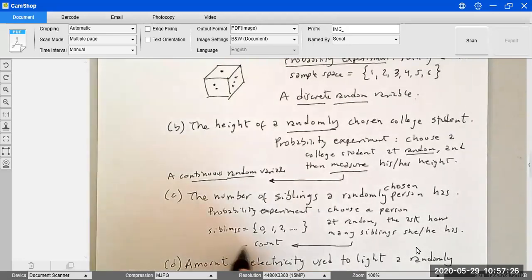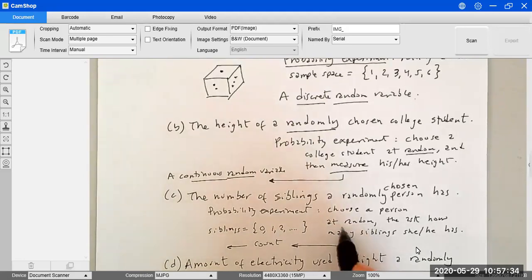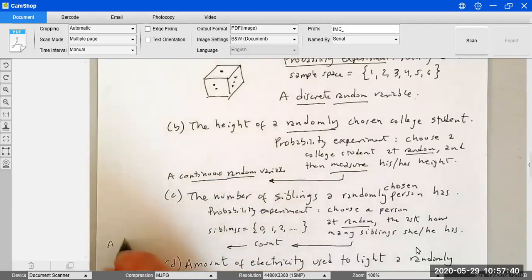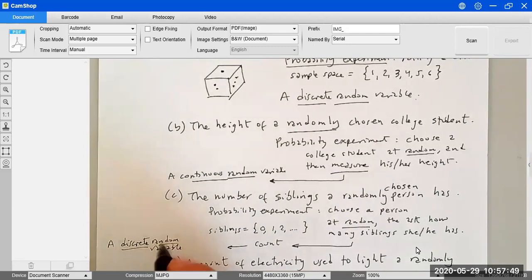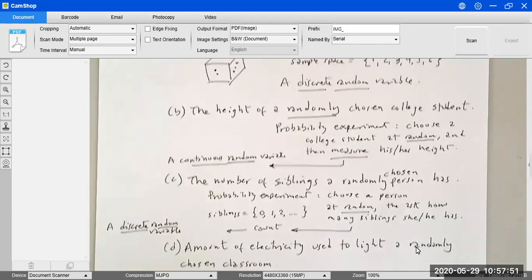So in this case, because this is an outcome that is coming from a probability experiment, you have a random variable. Now, because you have a count, this is a discrete random variable. So that's the solution for this third problem.